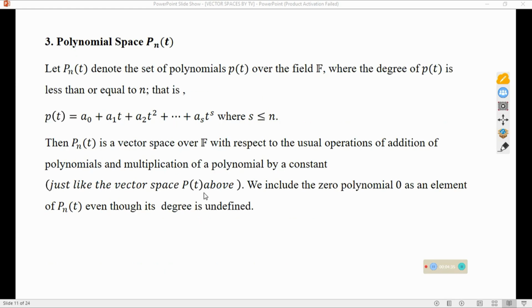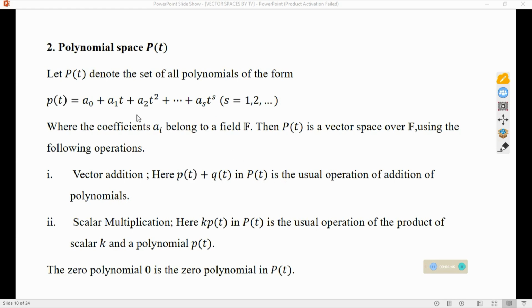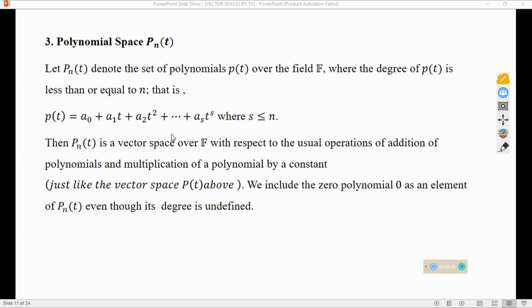Now we need to talk about this polynomial space Pn of t, but it is more related to the polynomial space that we looked at in our previous lecture. So with this one here, basically we are looking at Pn of t.